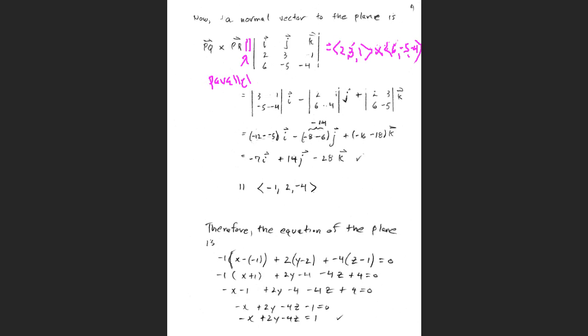Okay, so that cross product vector is parallel to the vector we were originally interested in, the vector PQ cross PR. But the vector PQ cross PR, that normal vector, is parallel to this cross product here. So you know how to do the cross product. You've done that.